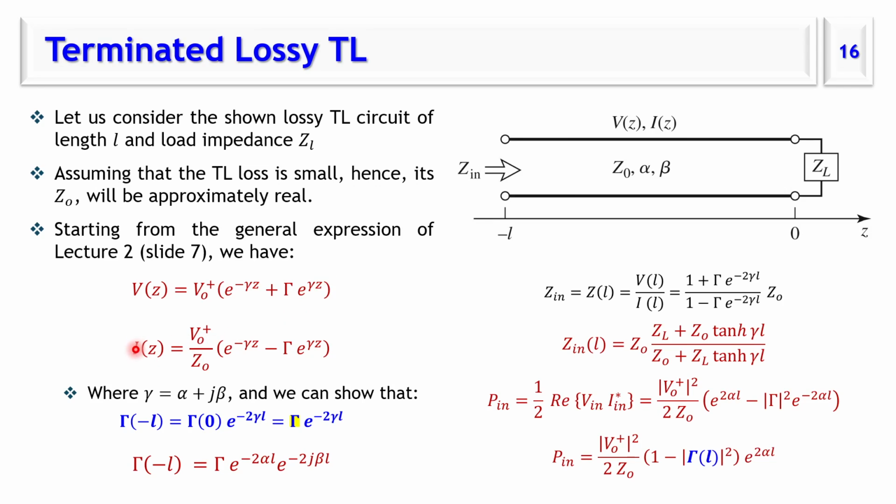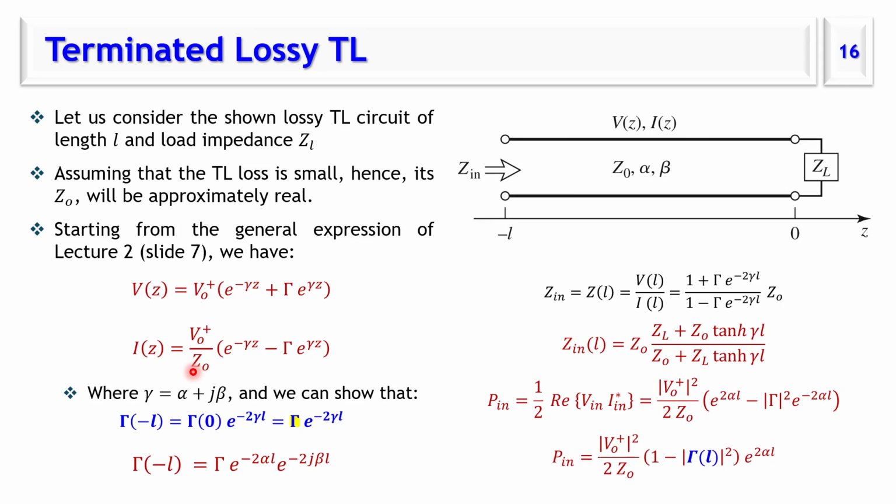For the current, it also has a forward propagating and a backward propagating part, but the relationship between V plus and I plus is 1 over Z naught, and for V minus and I minus, it is minus 1 over Z naught.